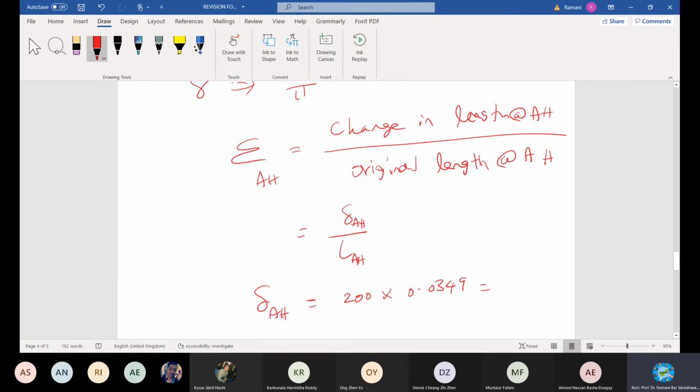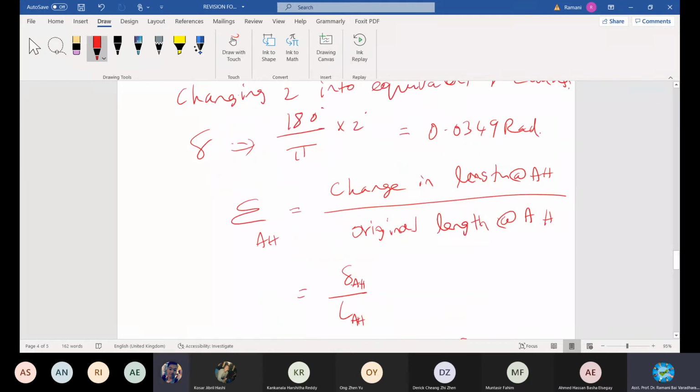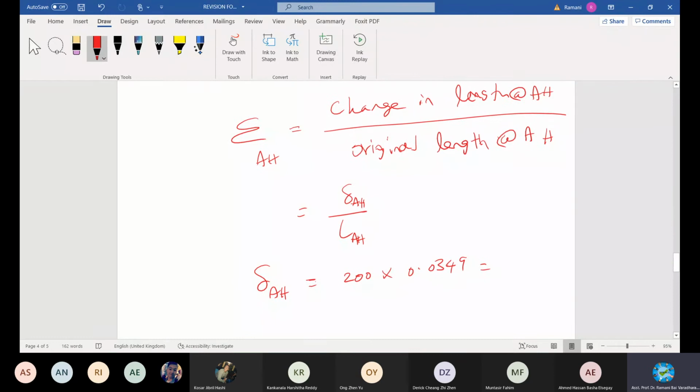I put 200 times 0.0349. How much is it? This is original, right? Delta AH, change in length: 6.98. Correct. So 6.98 mm.